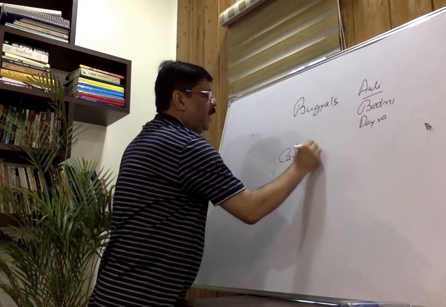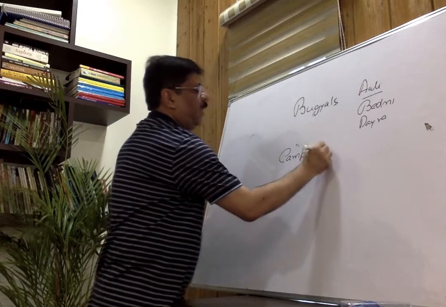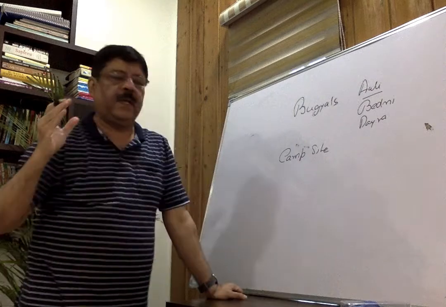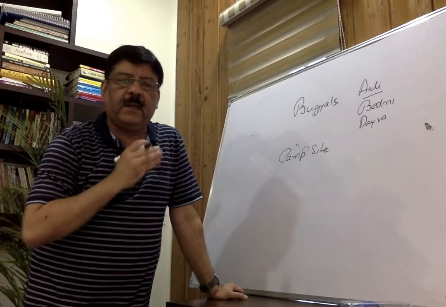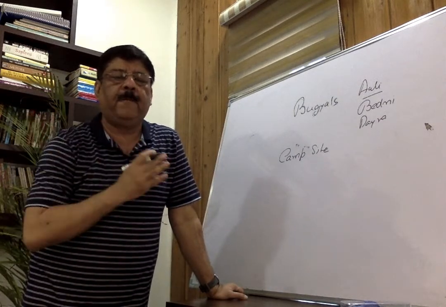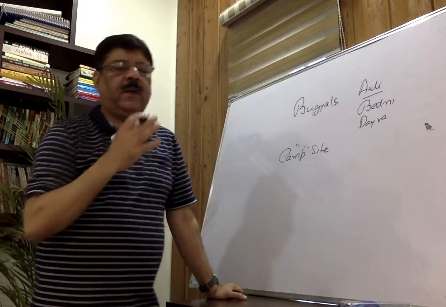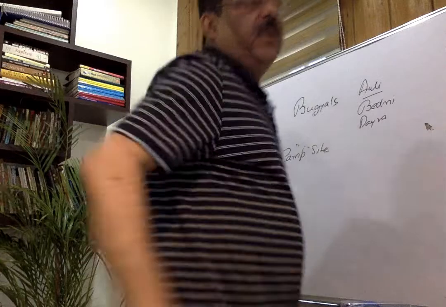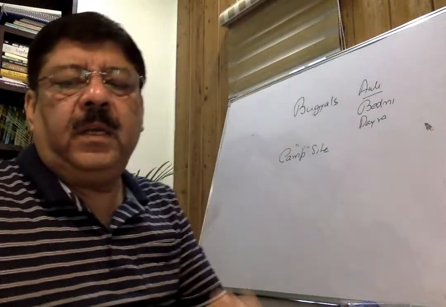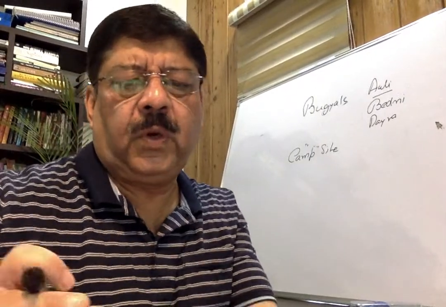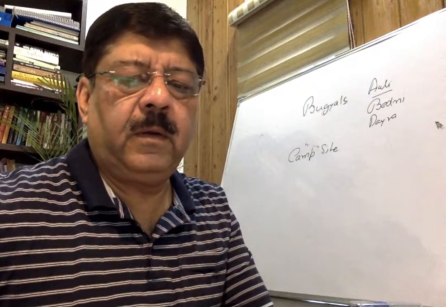There are many campsites. Uttarakhand is very rich in campsites. You can find camp places near Mussoorie and near Nainital also. There are many good campsites.